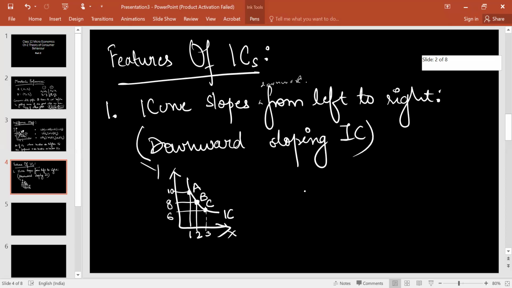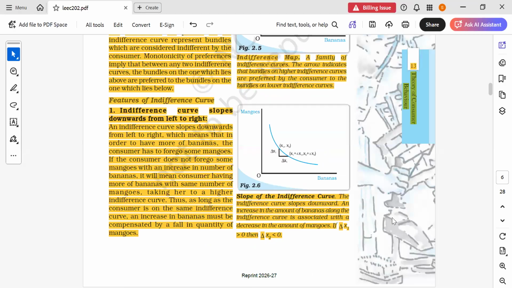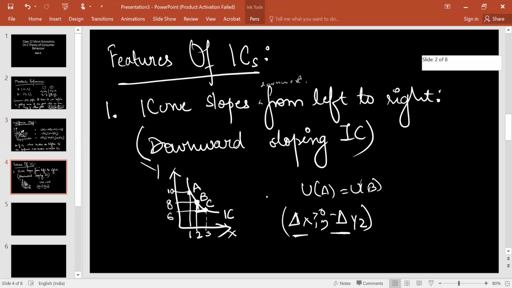Now if I increase this level to 3, it comes to 6. A, B, C. The utility of A is equal to utility of B. However, if I increase delta x1, it comes with a minus delta y2. This is a change. That is why we have this slope of the indifference curve.